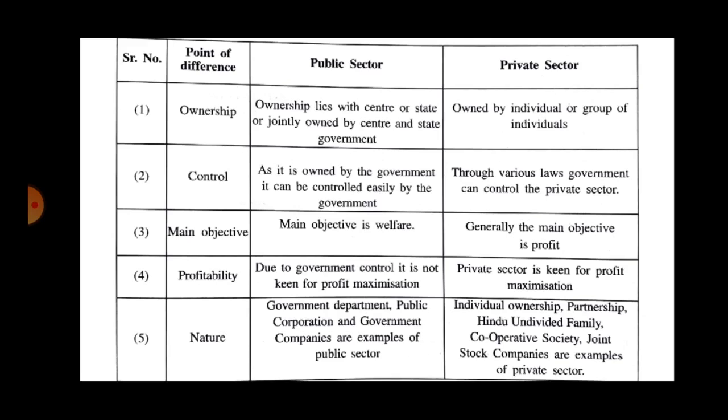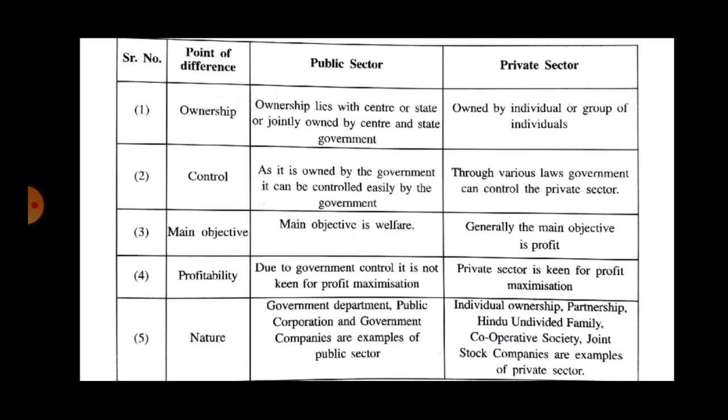Main objective. Now public sector has the main objective of social welfare, but private sector's main objective is to earn profit. Social welfare is a secondary objective, while public sector has a secondary objective of earning profit. Next is profitability.